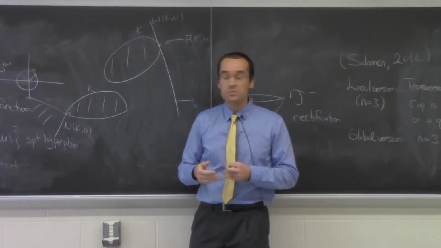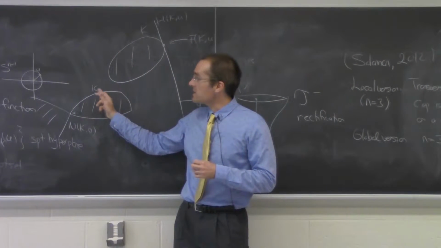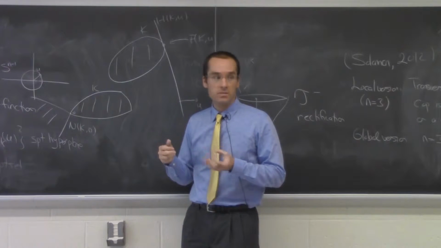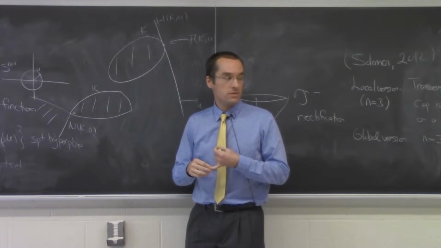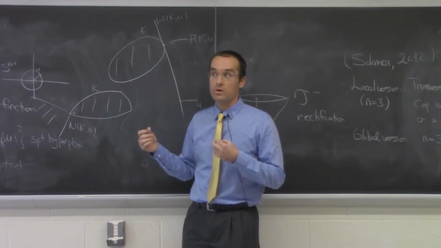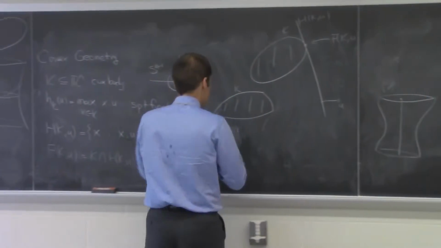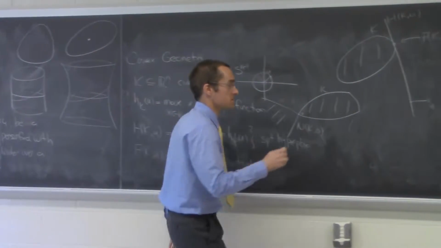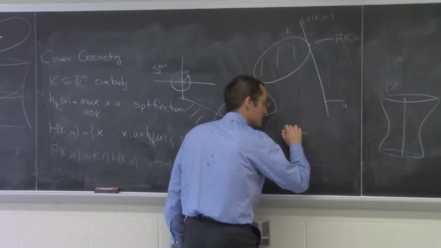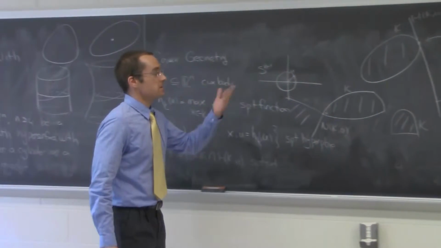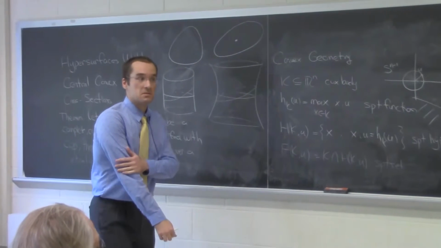A convex body is smooth if and only if at each boundary point the normal cone is one-dimensional, or equivalently there exists a unique support hyperplane. So this is something strictly convex but not smooth, and an easy example of a non-strictly convex body is something like this.